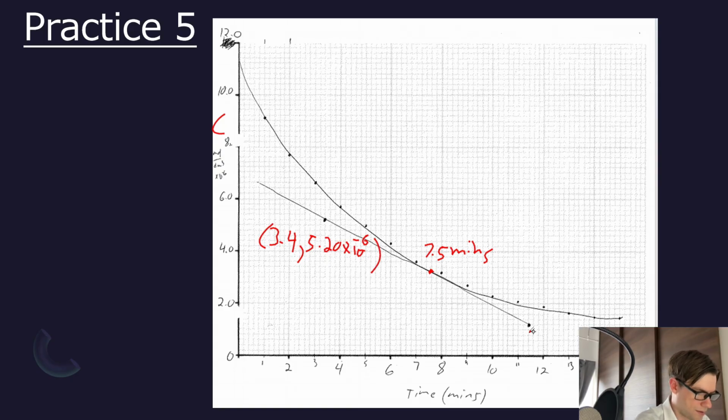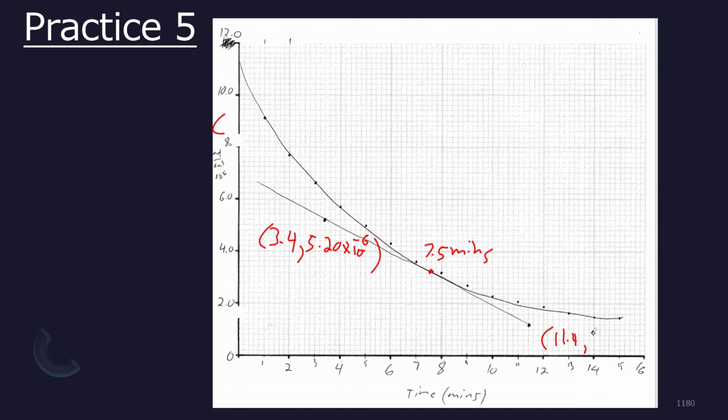And then this point on the far right, this is 11.4 and 1.2 times 10 to the minus 6. So we should be able to get a slope from those two points.